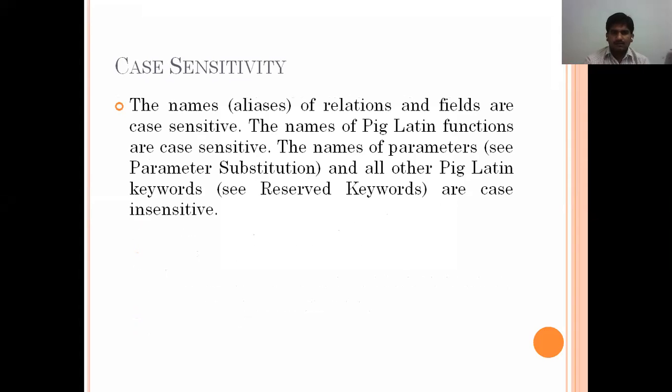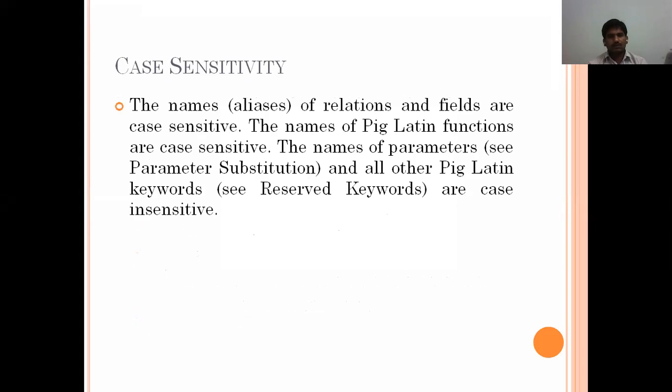Then we need to know about case sensitivity, how we can write the names in a Pig application. The relationships are case sensitive, and the Pig Latin functions are case sensitive. The names of parameters and other Pig Latin keywords are case insensitive.